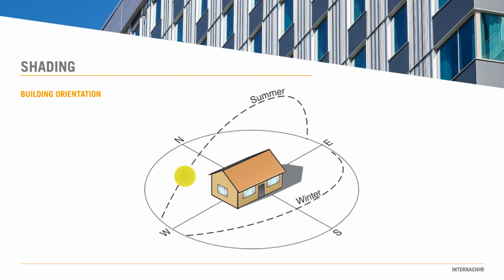So all of this can be done to a large extent by just playing with the building orientation. So we would want to maximize the south-facing windows, minimize east and west that get direct sunlight, and then ideally eliminate northern-facing windows. But every site's going to be different, and you may be limited in what you can do.